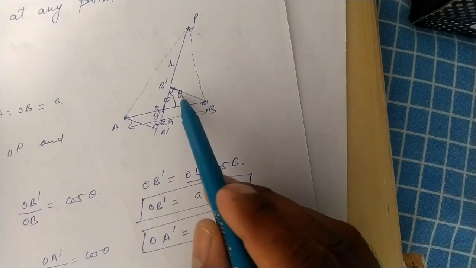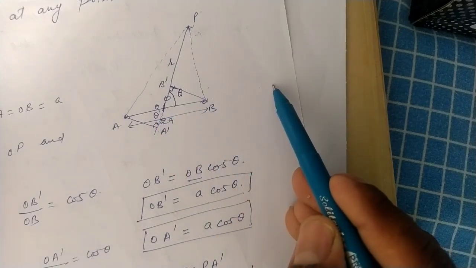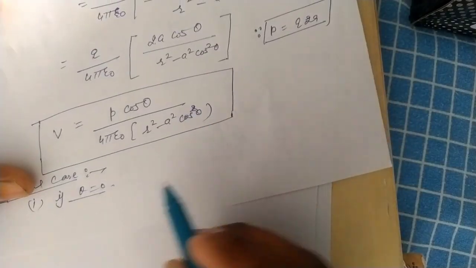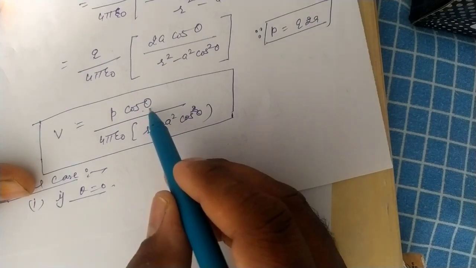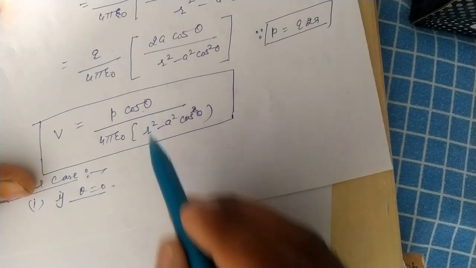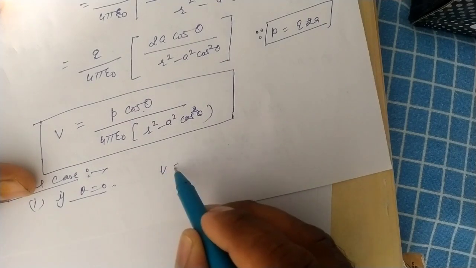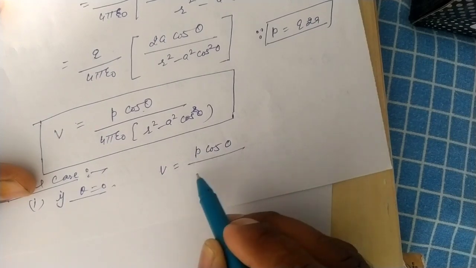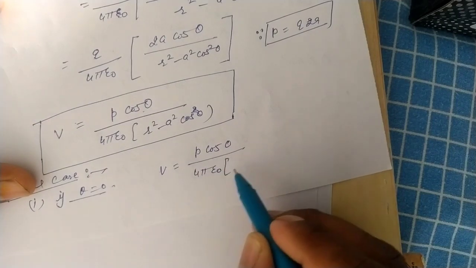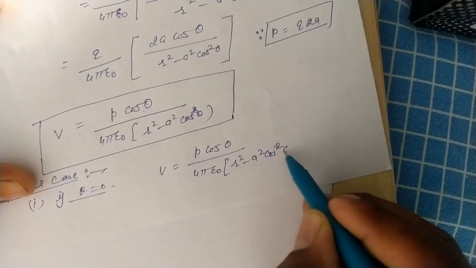So if theta is 0 degree, the point P lies on the axial line of AB, and we can put theta as 0 degree, and when we put cos 0 we can calculate the value of V. V is equal to P cos 0 divided by 4 pi epsilon naught into R square minus A square cos square 0.